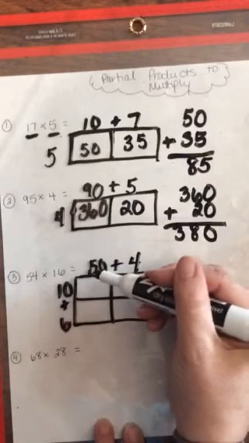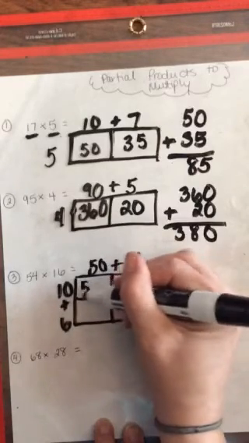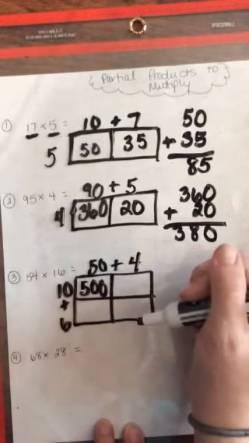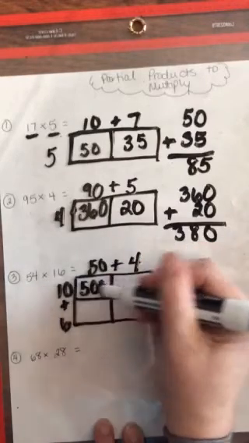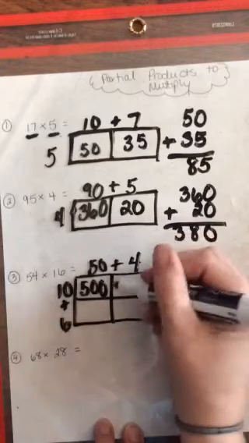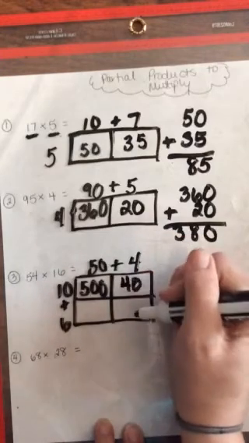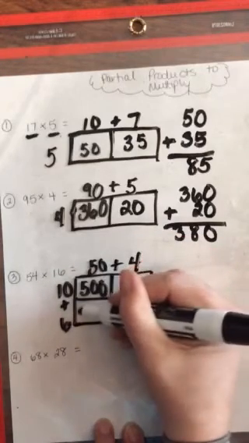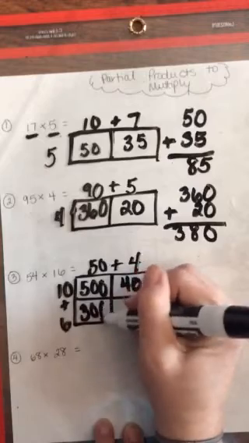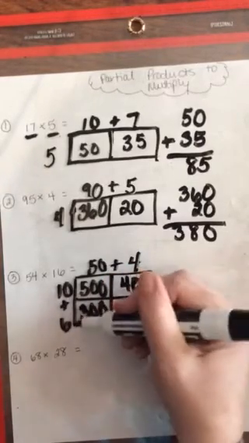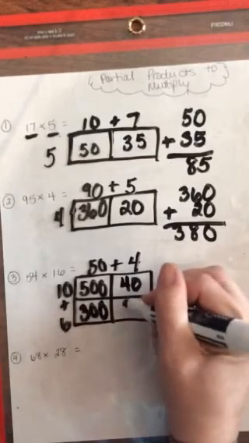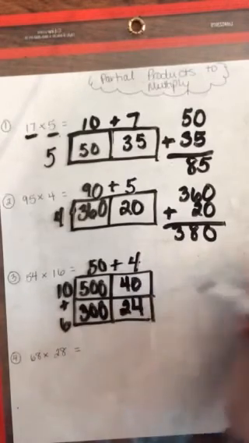50 times 10, or 5 times 1, is 5, adding 2 zeros, so I end up with the answer of 500 in this box. Going across, I end up with 10 times 4, which is 40. 6 times 5 is 30 with 1 zero, so be careful with your math there. 300, and 6 times 4 ends up being 24.